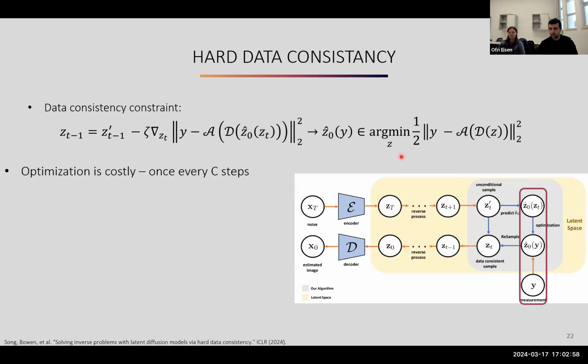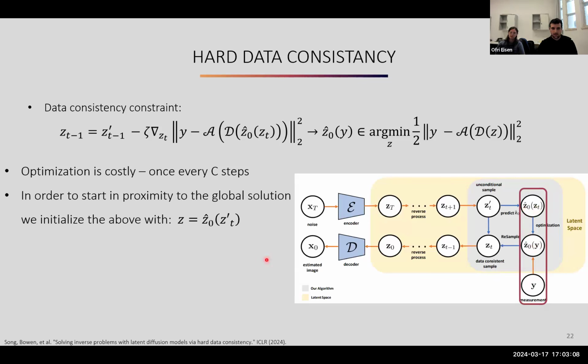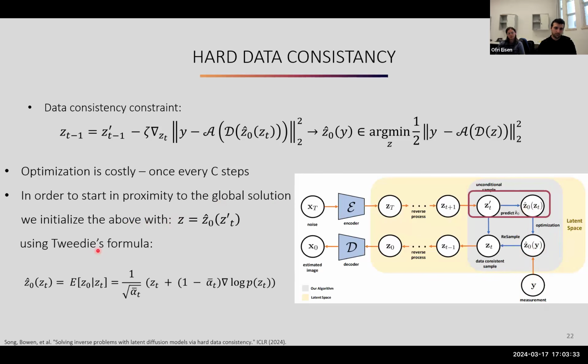So what you're going to do is take Y and use it to get a Z0 given Y. But you're also going to use ZT. And this is because of the local minima that we mentioned before. If we initialize Z to be just any Z, we probably step into a local minimum, and they want to avoid that. So what they say is we're going to find Z0 not only according to Y, but also according to Z0 given ZT, which is given by Tweedie's formula.